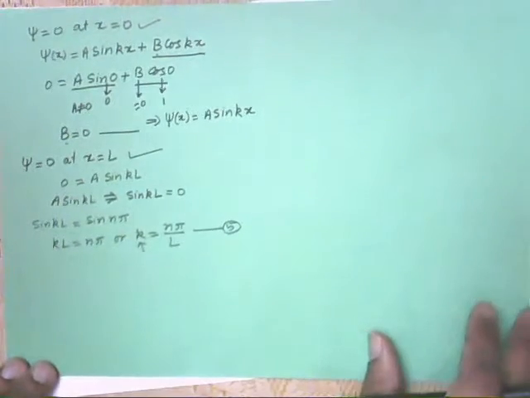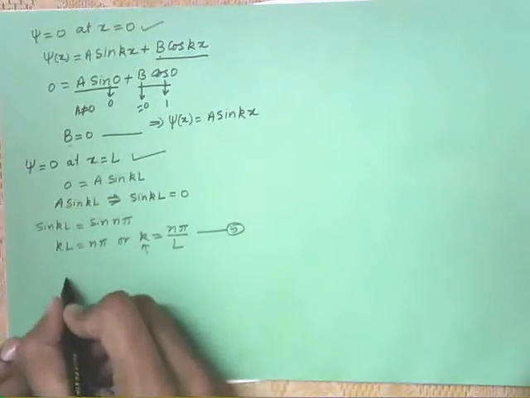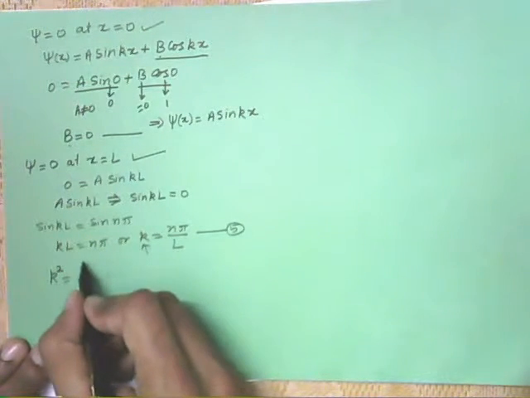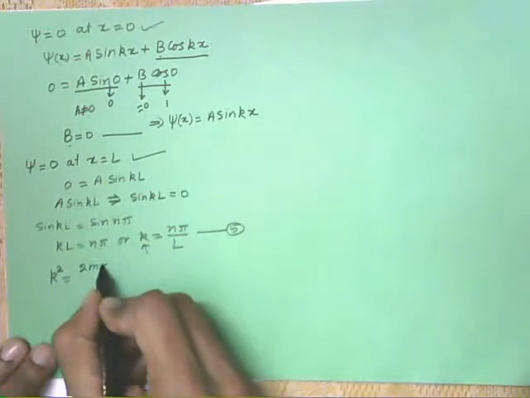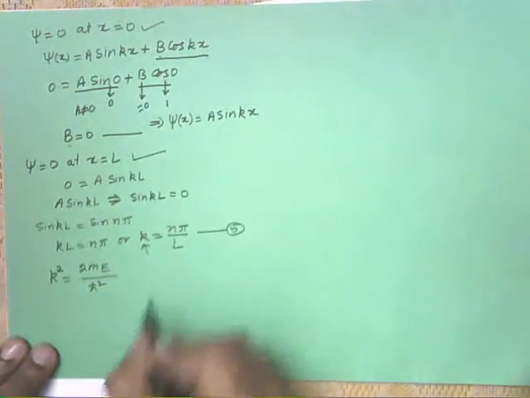Now put the value into this. So we know that we have already written k square is equal to 2mE upon h cross square.